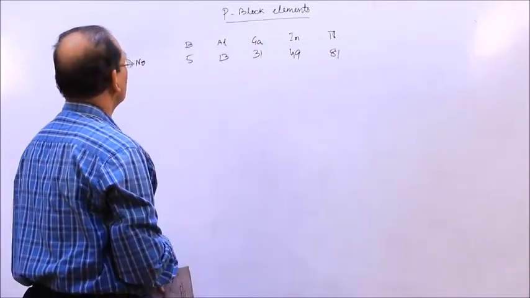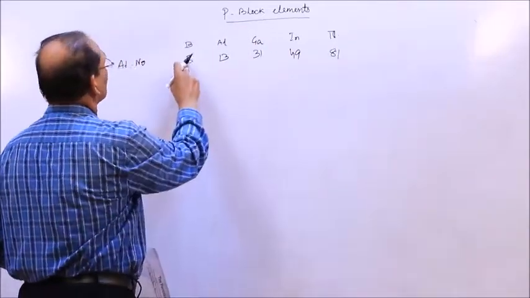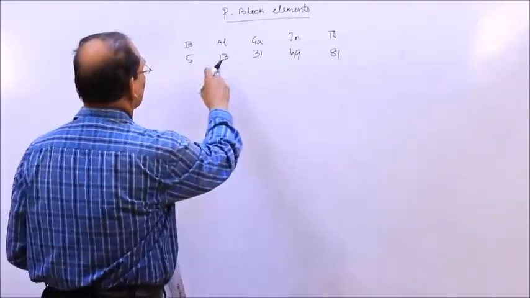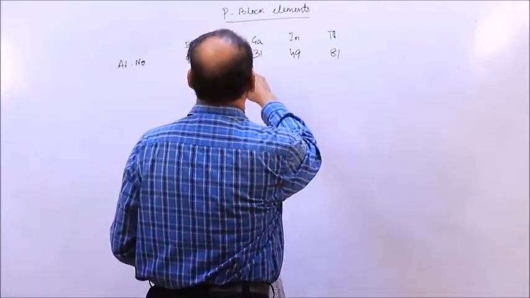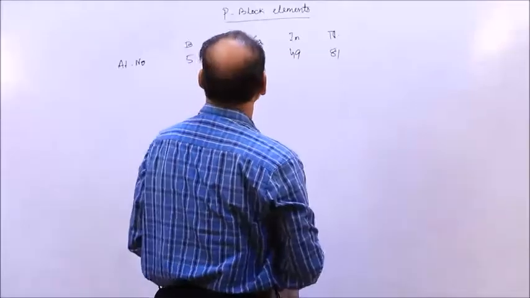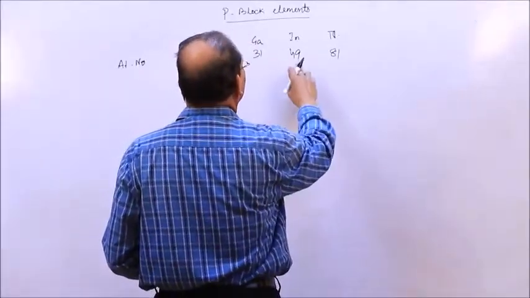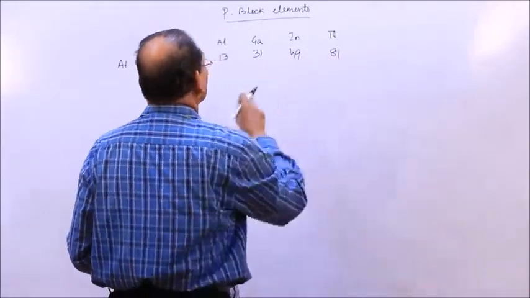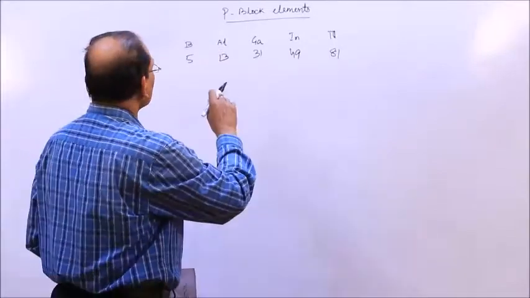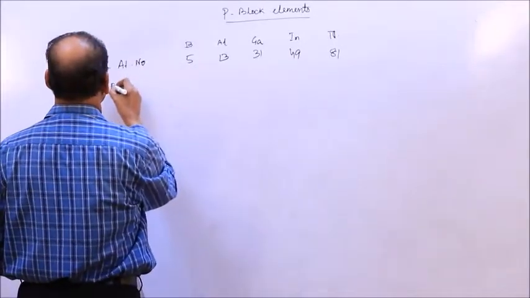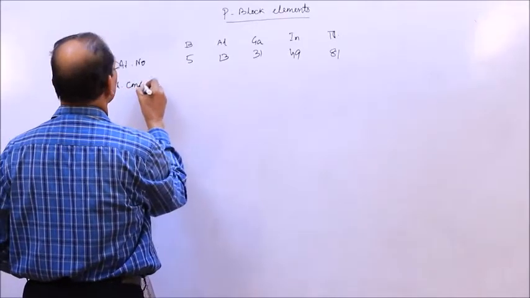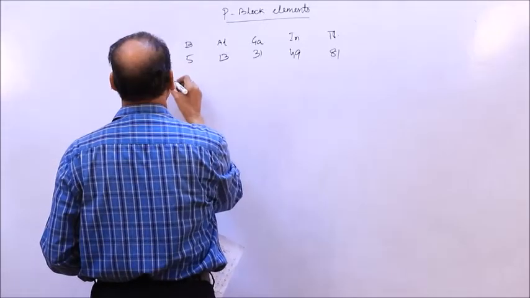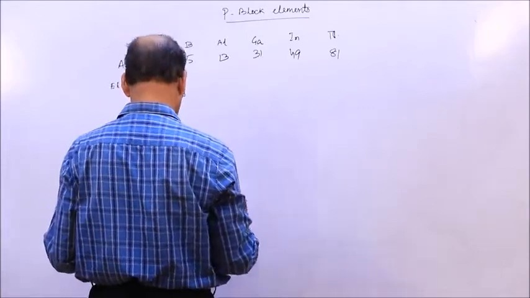So you see that from boron to aluminum there is a difference of 8 electrons, and from there it is 18 electrons, and further 18 electrons, and then 18 plus 14, that is 32 electrons. So the electronic configuration, as we have obtained, is ns2 np1.